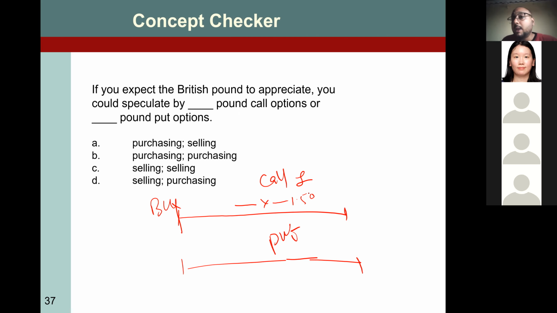If it appreciates to 1.57, you exercise at 1.50 and sell to the market at 1.57. So there is no debate on purchasing call option.